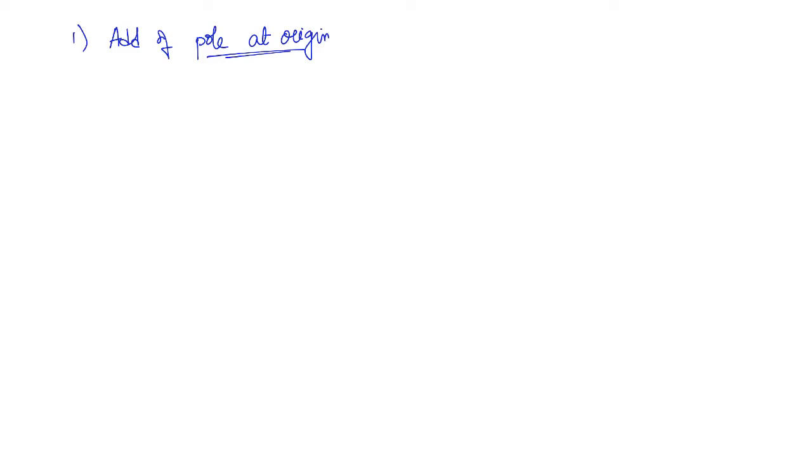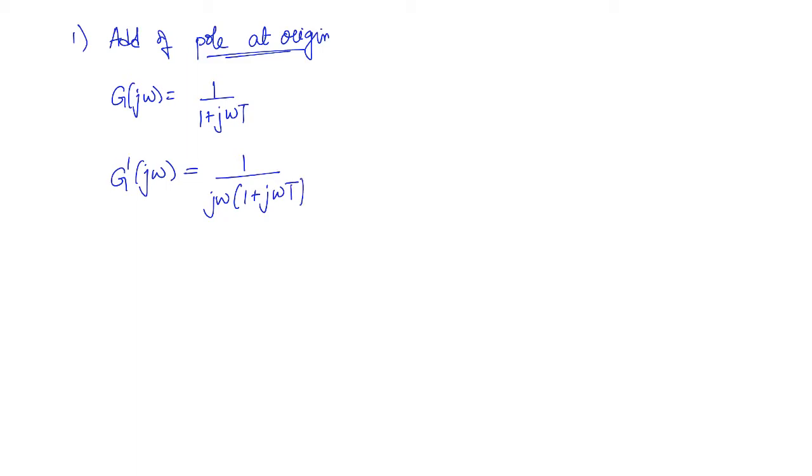Let us take a function, G of j omega is equal to 1 by 1 plus j omega T. For this function we will add a pole at origin, so it will become G dash of j omega is equal to 1 by j omega into 1 plus j omega T. Now what will be the phase?